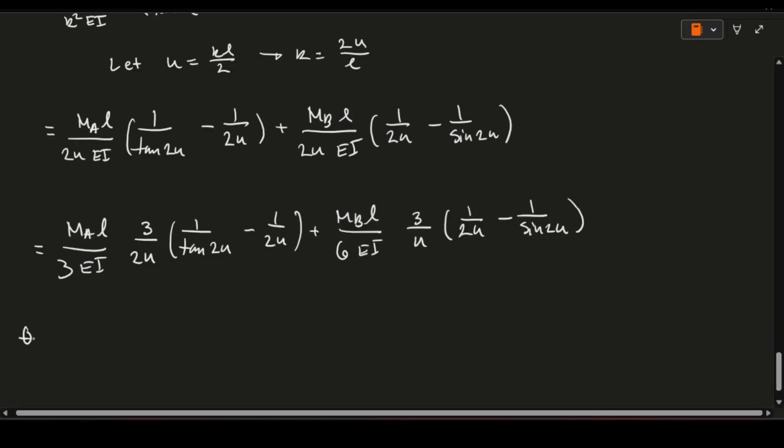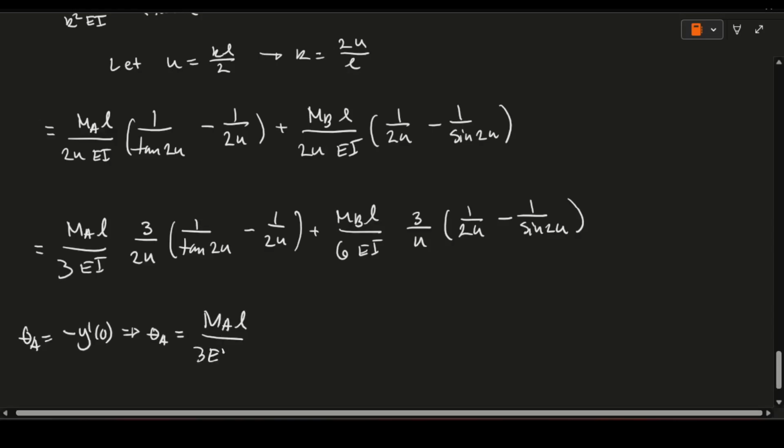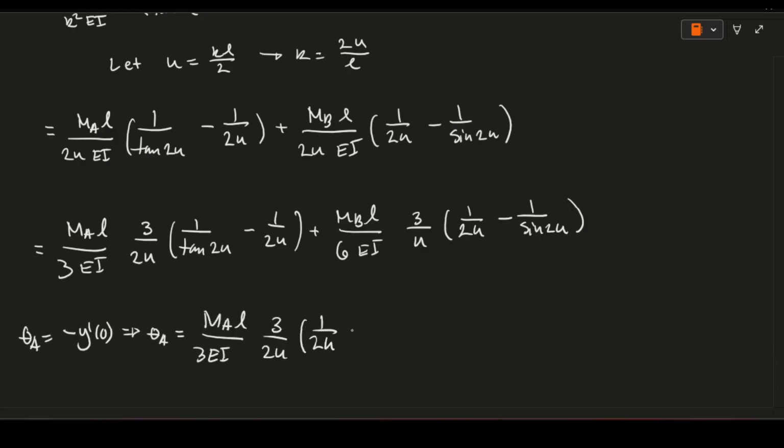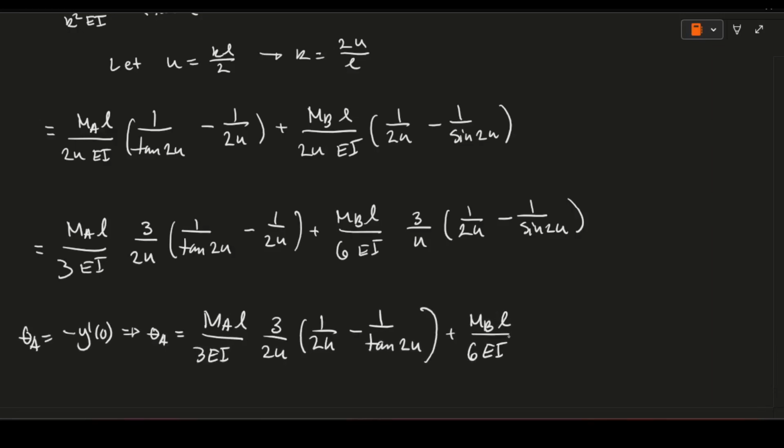So if we let theta A be equal to minus y prime at 0, then we get that theta A is equal to MAL over 3EI times 3 over 2U times 1 over 2U minus 1 over tangent 2U, plus MB times L over 6EI times 3 over U times 1 over sine 2U minus 1 over 2U.